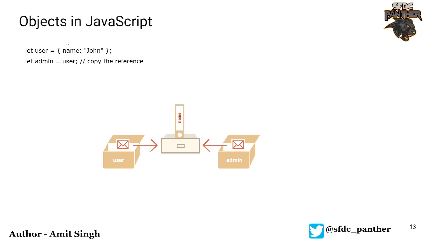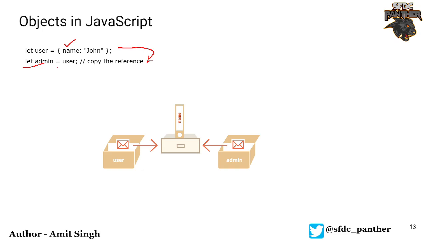Here is a very simple concept. Suppose we have a user which has only one property, name equal to John, and then you have another variable, admin equal to user. What you are doing is trying to copy whatever is inside your user variable to the admin variable. What happens is that it copies the reference, not the values.